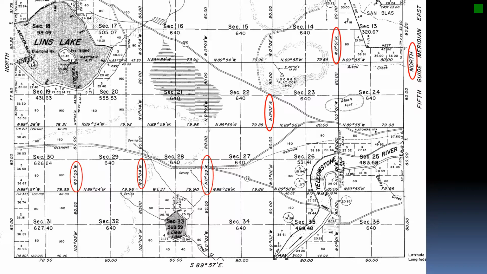As we just discussed, the north-south section lines are parallel with the east line of the township. So you'll notice that 1 mile west, it's 1 minute west. 2 miles west, it's north 0 degrees 2 minutes west, and so forth and so on, all the way across the township. And the last correction is north 0 degrees 05 minutes west.